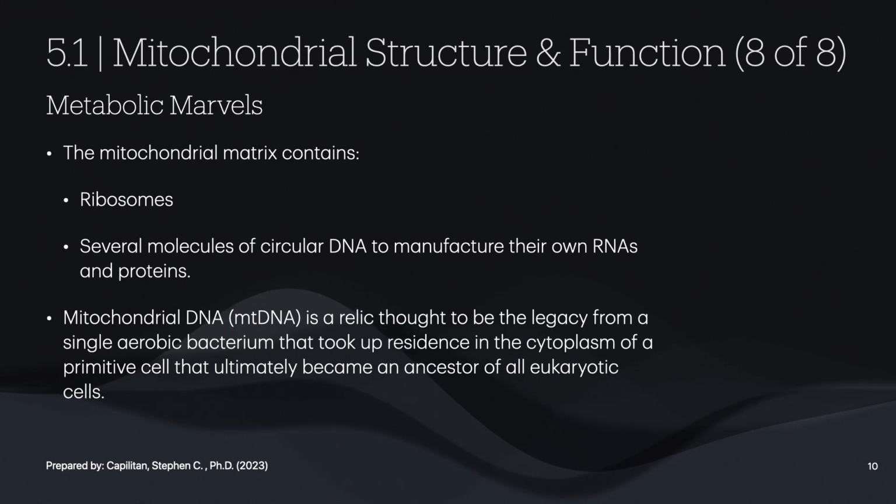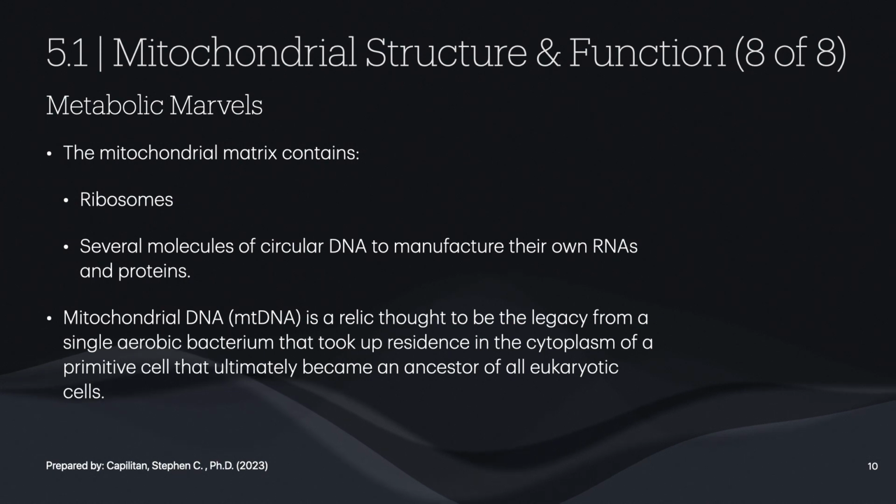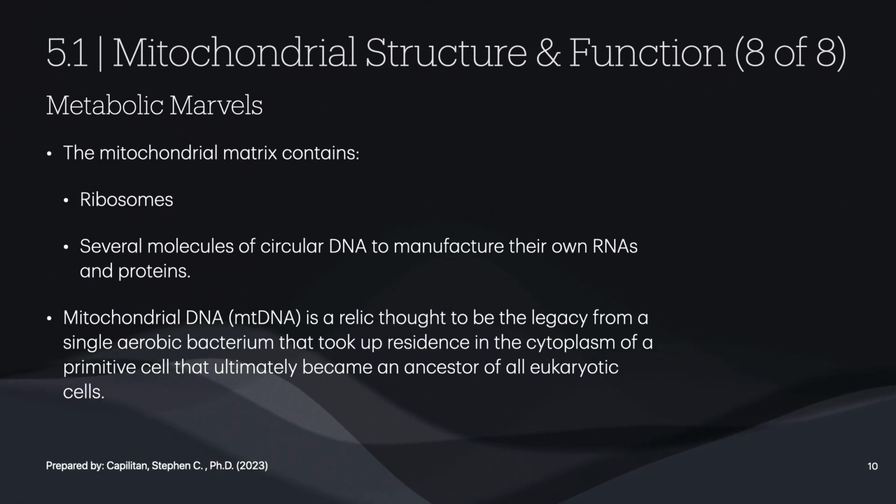The mitochondrial matrix contains first the ribosomes, which are sites of protein synthesis, and some molecules of circular DNA to manufacture their own RNAs and proteins. Remember that the mitochondria also have genetic material, which is a relic, the legacy from a single aerobic bacterium that took up residence in the cytoplasm of a primitive cell, which ultimately became an ancestor of all eukaryotic cells.